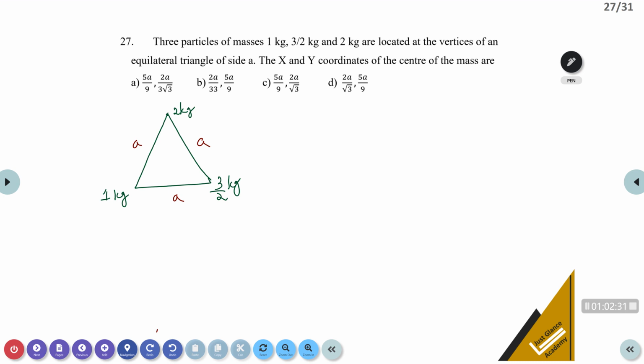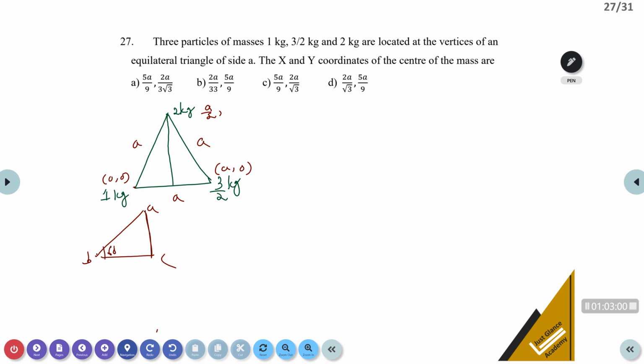Okay. Now, the coordinates of this point are 0, 0. The coordinates of this are A, 0. I told you in the regular class, this coordinate is A by 2. Y coordinate, how to calculate: A, B, C. I need this quantity.